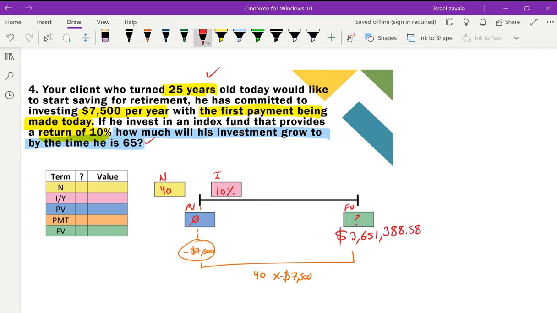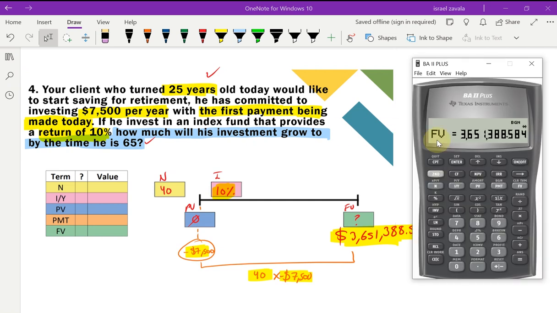Okay, so we should expect 3.6 million, or 3,651,388.58. I want every single penny of this if I've made the sacrifice of investing this $7,500 for 40 years at a return of 10%. Why wouldn't I? It's your money, right? You should get what you deserve. So pretty straightforward question. I just want to check the number of years, check the interest, make sure I put in everything right.